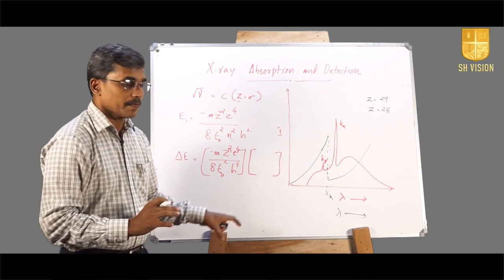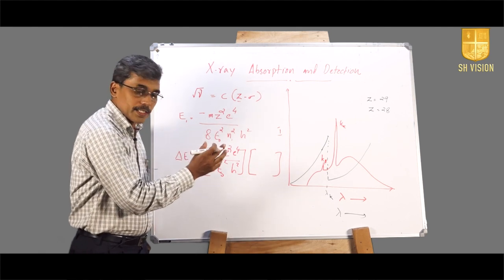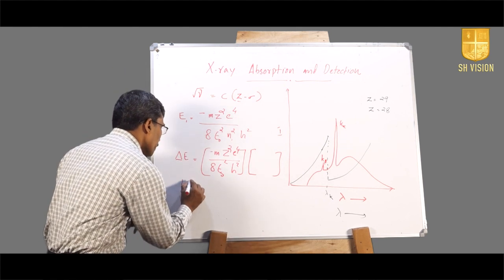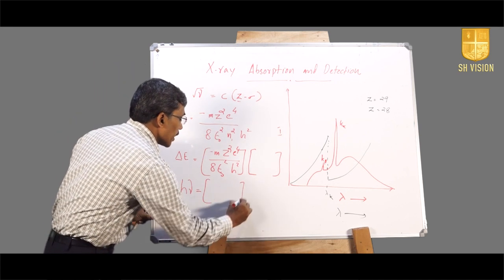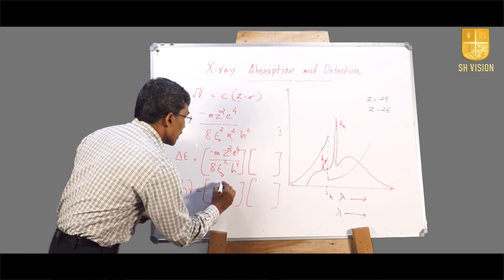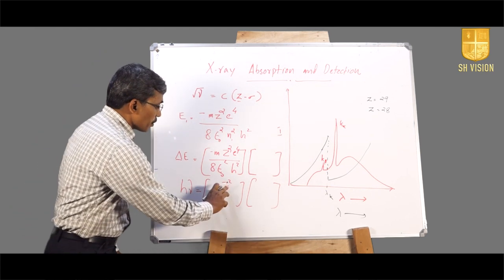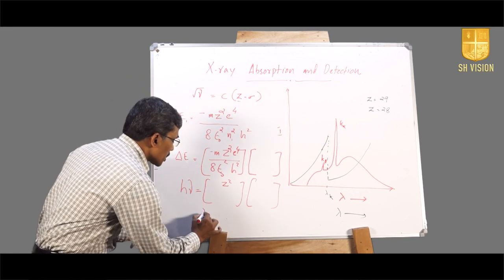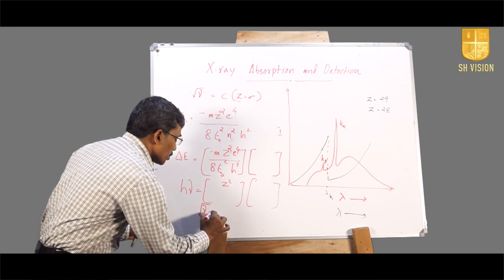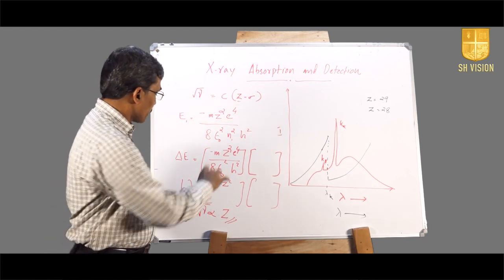That is the term you are getting. This delta E is the change in energy that is given by h nu. That h nu is given by this bracket term, that means there comes z square. So, h nu is proportional to z square, or nu is proportional to z square, therefore square root of nu is proportional to z. This is how we get that expression.